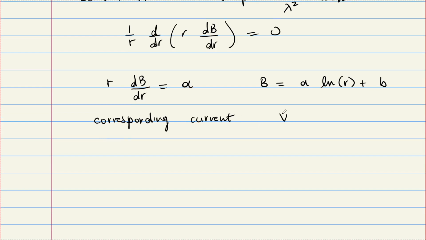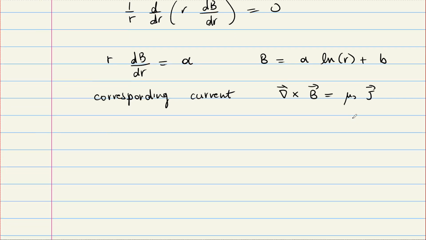And so del cross B is equal to mu 0 J. This is a Maxwell equation. And exactly like what we did for superfluid helium, I want to write this. So this is e_r, e_phi, e_z, and this is del_r, del_phi, del_z.